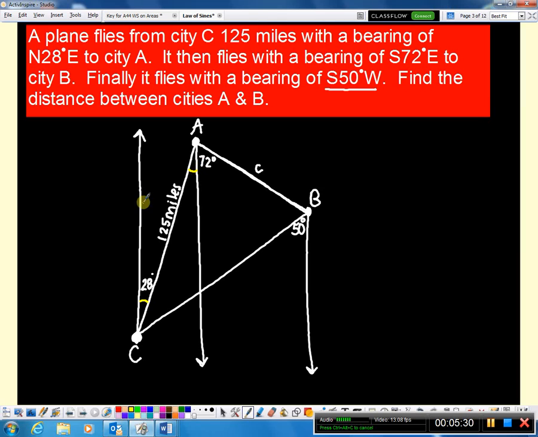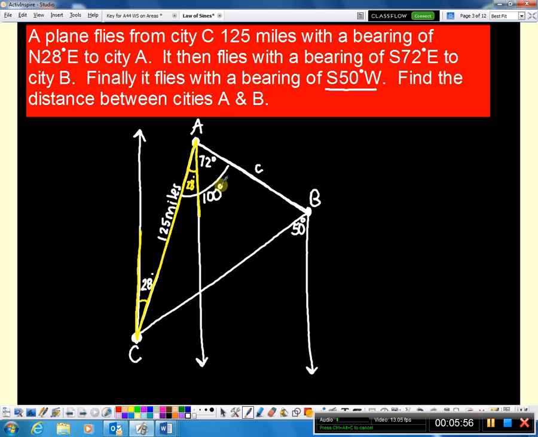Because if you trace, here's your parallel, here's your transversal, here's your parallel. Since those are alternate interior angles inside parallel lines, this is going to also be 28 degrees, which lets me then label this whole angle, looks like 100 degrees to me.